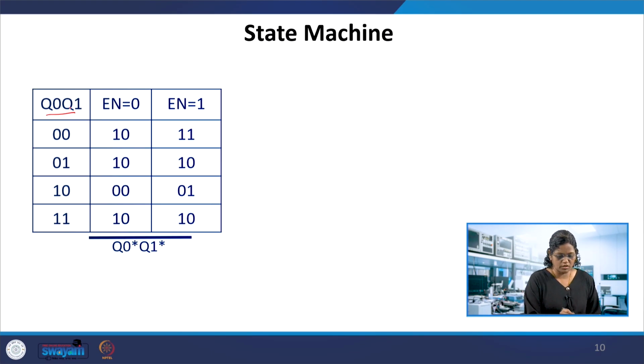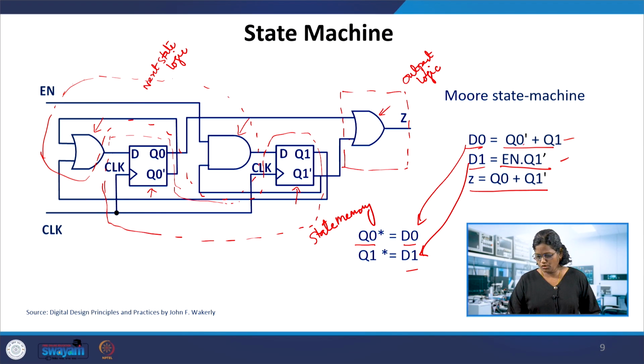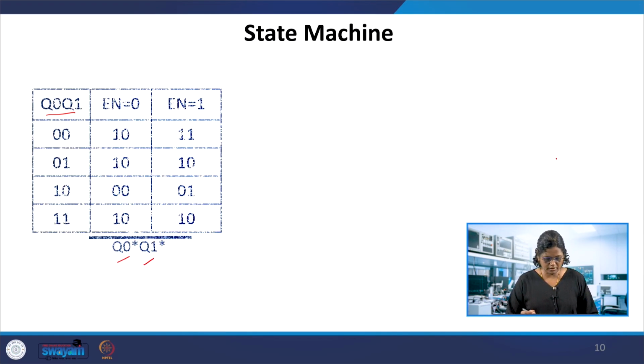Q0 and Q1 are the two flip-flop outputs, so the states are 0 0, 0 1, 1 0, 1 1. The combinations could be 4 states. This particular digital circuit will have these 4 states. If the enable input is 0, from the equations for Q0 star and Q1 star that we got over here, that is Q0 dash plus Q1, and enable Q1 dash, we get 1 0 as the next state.